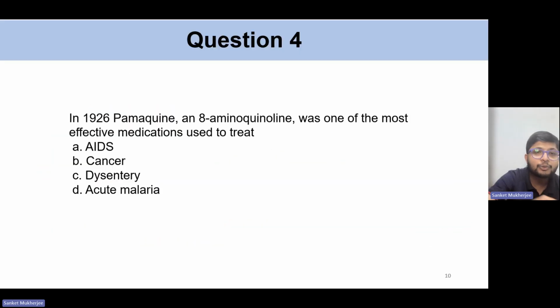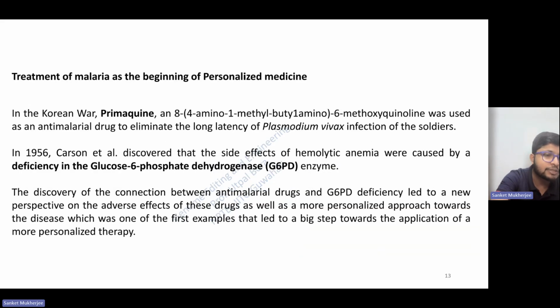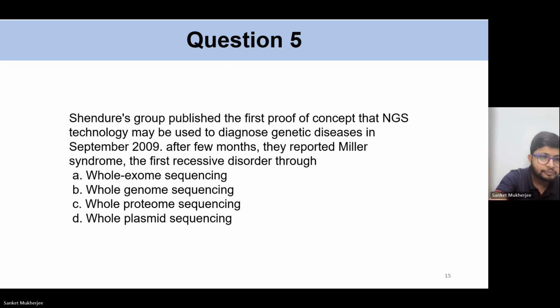Coming to the next question, in 1926, Pamaquine, an 8-aminoquinoline, was one of the most effective medications used to treat acute malaria, and it had an adverse effect of hemolytic anemia, and that led to the advent of personalized medicine.